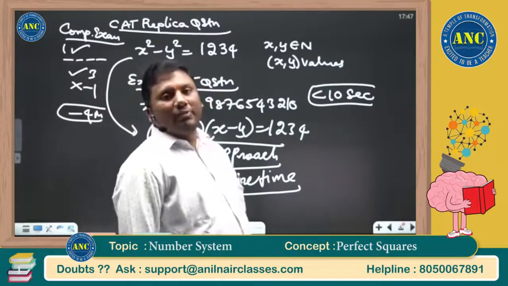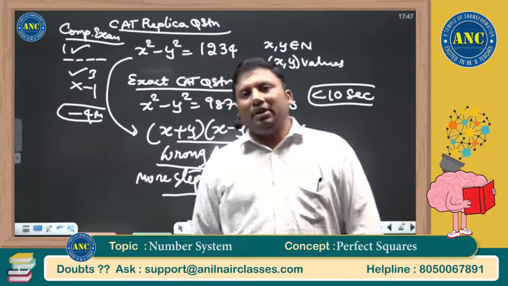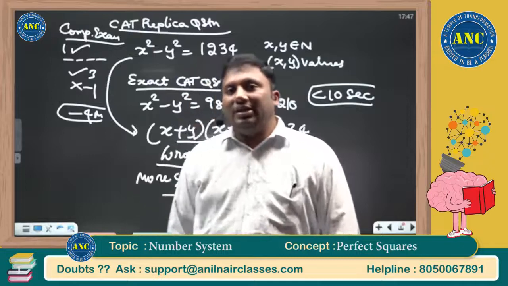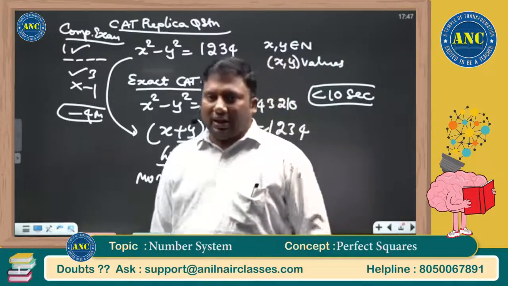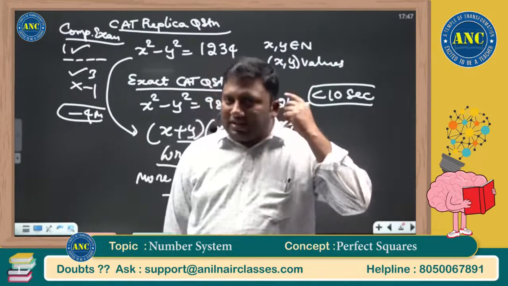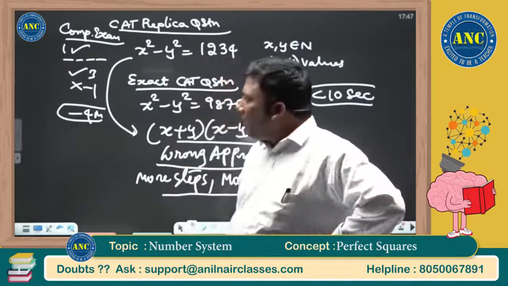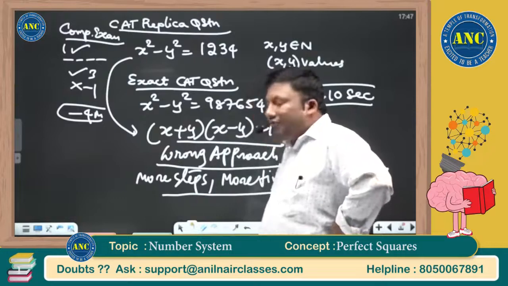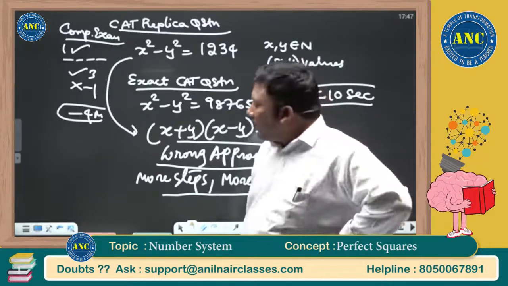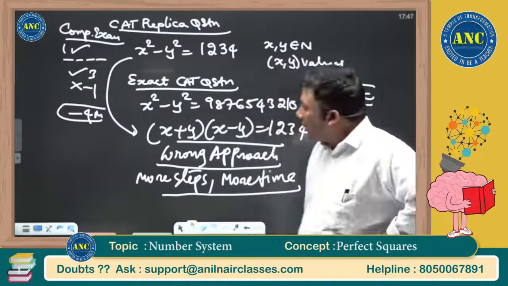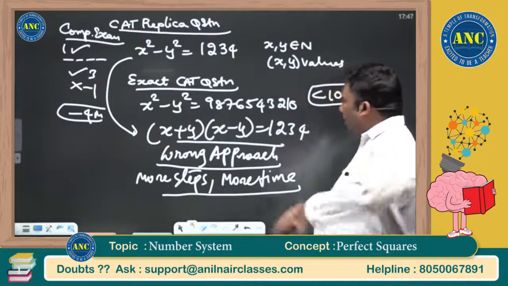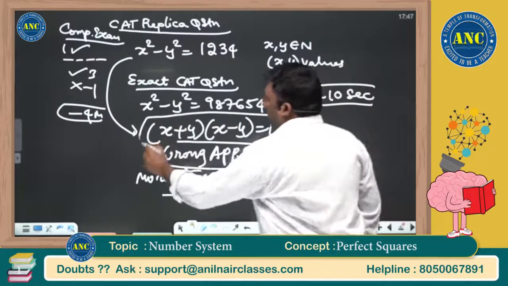There is a difference between a 99.8 percentile and a 99.4 percentile. My own younger brother, who has done his MBA from IIM Bangalore, lost a seat in IIM Ahmedabad because of a difference of 0.4 percentile.